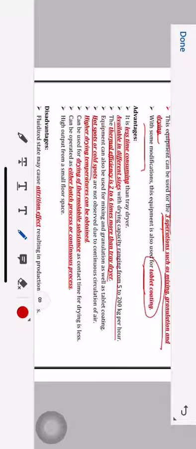Hot spots or cold spots are not observed. I've already explained what hot spots and cold spots are. Hard drying temperatures can be obtained. Drying of thermolabile substances can be done. So both the spray dryer and this fluidized bed dryer can be used for drying of thermolabile substances. Then it can be operated either as a batch process or a continuous process, with high output from a small floor space.